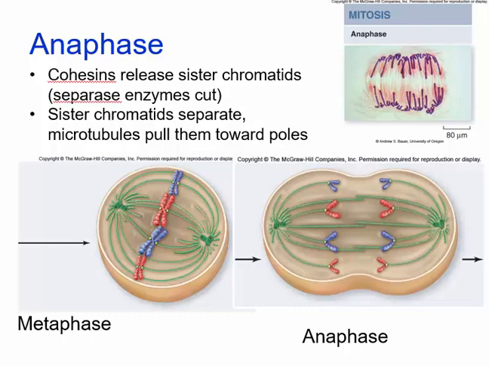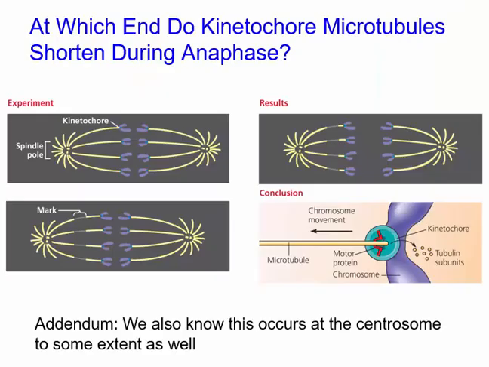Now, an interesting question here is, are the microtubules shortening right next to the chromosome, or are they shortening down by the centrosome, or is it a combination of both? And so this is a cool little experiment described in your textbook where these researchers used a molecular mark on the microtubules to see where they were being shortened.